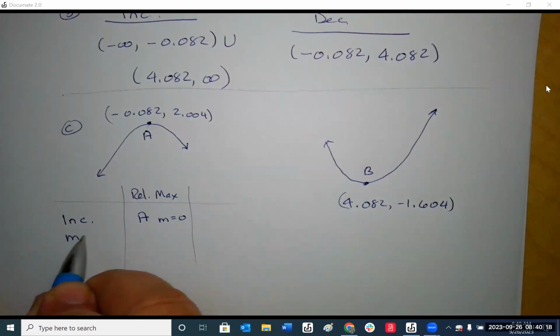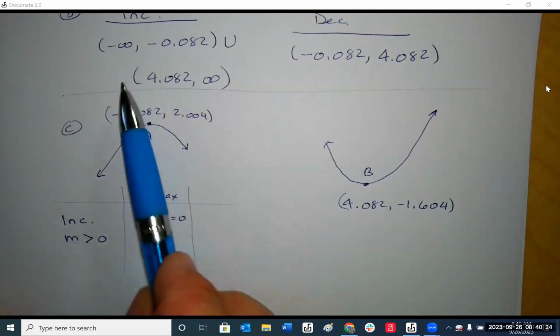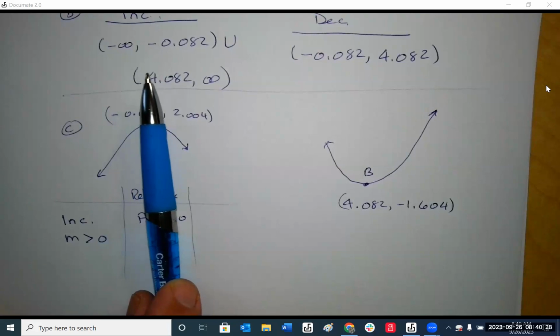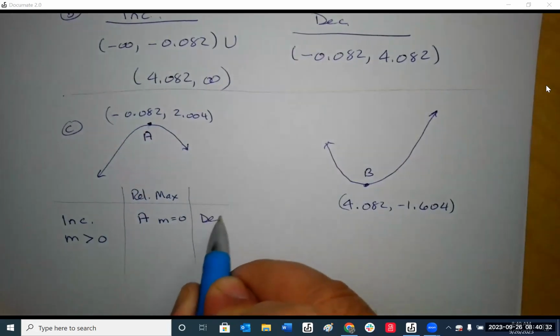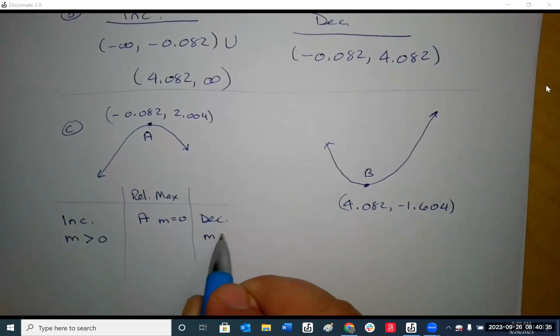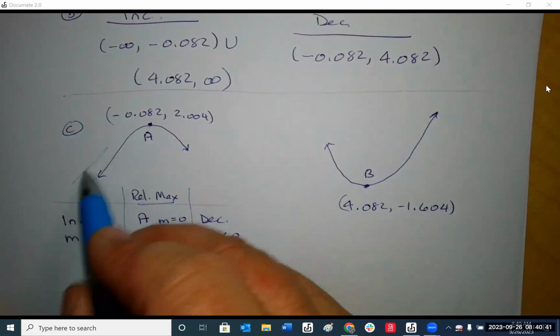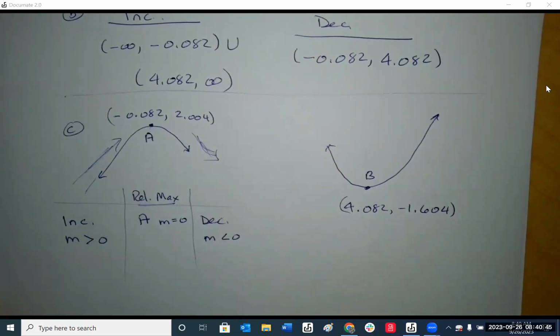The slope is positive. After the point, my graph is going down. So it's decreasing, and the slope is negative. So we know this is a maximum because on the left it's increasing, it's going up, and on the right, it's going down. So it has to be the highest point there.